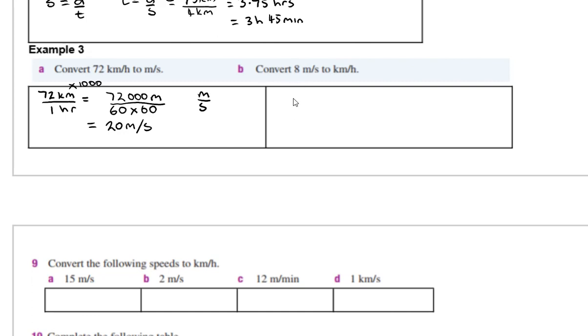Alright, part B. Convert 8 meters per second into kilometers per hour. So, 8 meters per second means that in 1 second, I can travel 8 meters. In 60 seconds, right, so 1 second equals 8 meters, so 60 seconds will equal 8 times 60 meters.